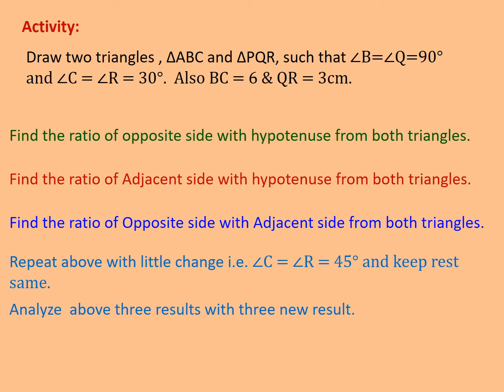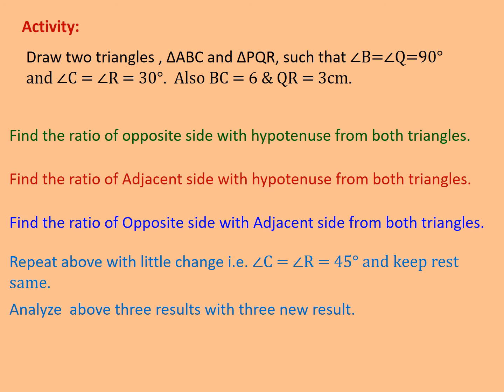Now, if you want, you can do one activity in your notebook so that you can get a clear view and understand better when I give you the introductory terms of trigonometry. You can draw two triangles, triangle ABC and triangle PQR, such that angles B and Q equal 90 degrees and angles C and R are 30 degrees.